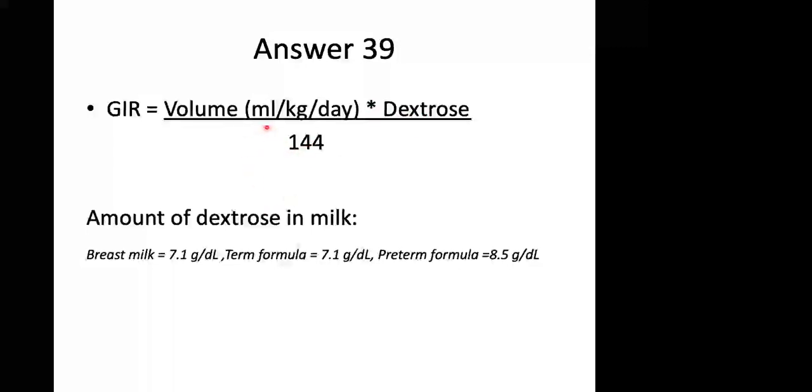Here the volume was 80 ml per kg per day. Dextrose in mother's milk is classically around 7 gram per deciliter, same as in term formula, and in preterm formula it's around 8.2 to 8.6. So 80 into 7 divided by 144 comes to 4 milligram per kg per minute. The same baby, if on preterm formula, would probably have been on 6 milligram per kg per minute.